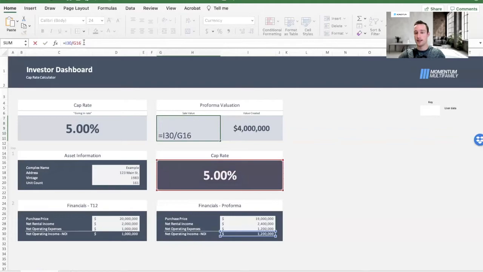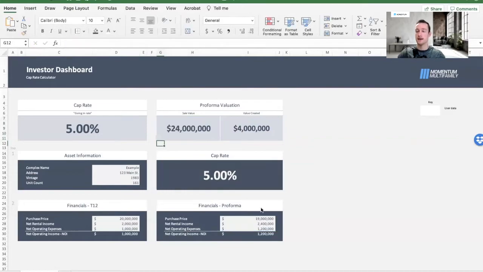How we get that is, again, taking the net operating income and dividing that by your expected sale cap rate. Now, the expected sale cap rate is a bit of an unknown. It's harder to quantify and harder to justify.